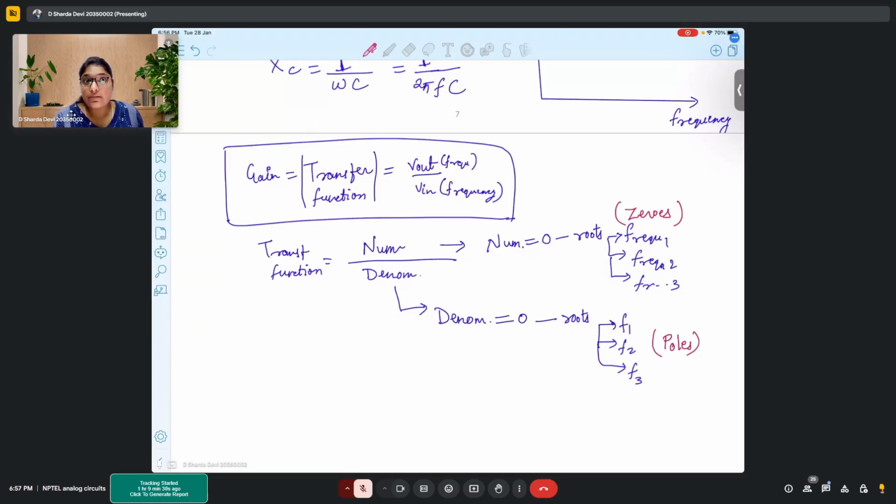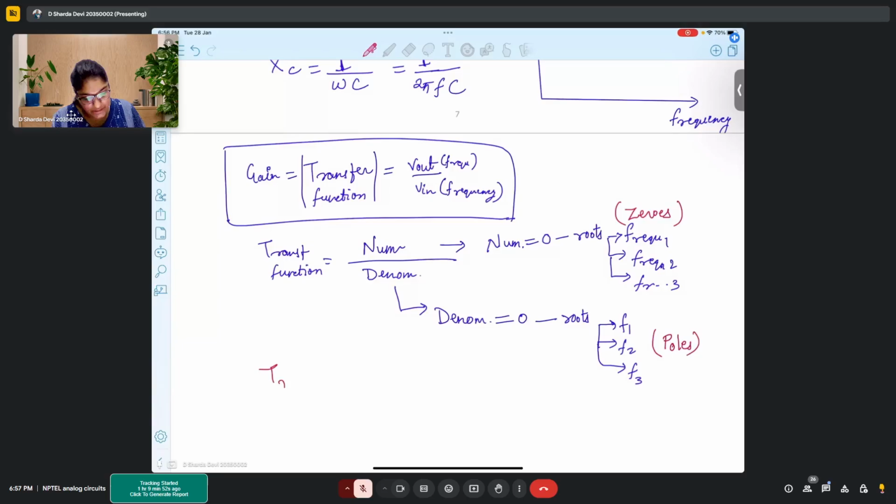Ma'am, as we say, the zero is the frequency at which the gain will become zero. Does that imply that we won't get output, or that output is zero in that case? I mean, that's what I said, right? It's in your transfer function.